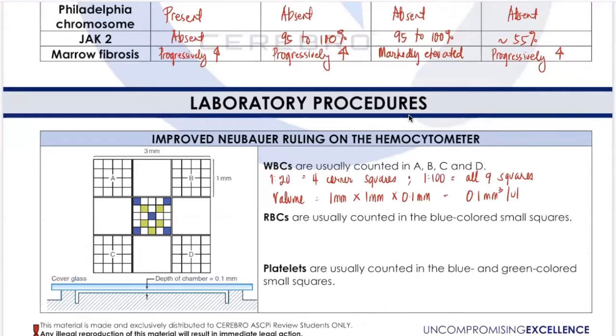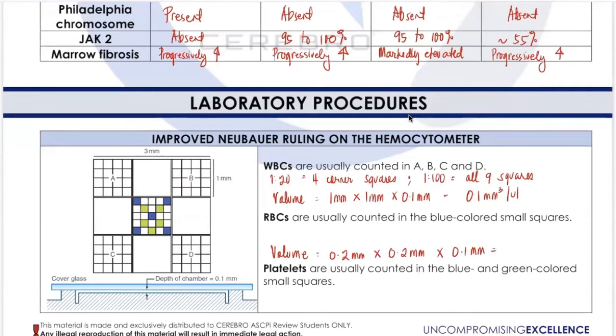Next, we have the red blood cells. So red blood cells are usually counted in the 5 squares that are found in the central large square of the hemocytometer. So they are the ones in blue. Okay, so what would be the volume of one RBC square? So the volume is 0.2 mm times 0.2 mm times 0.1 mm.